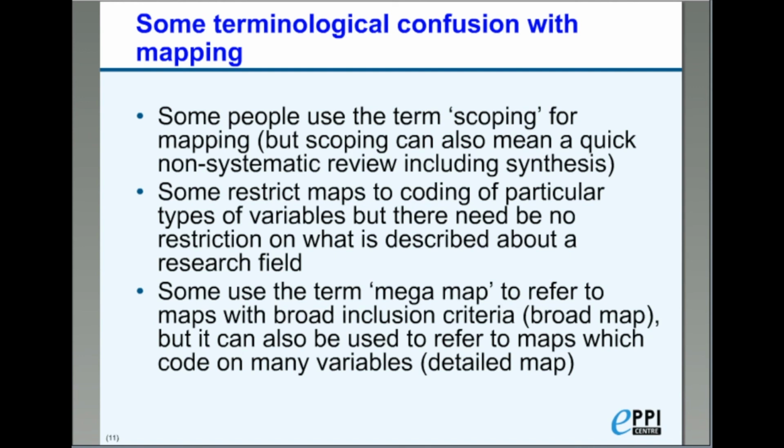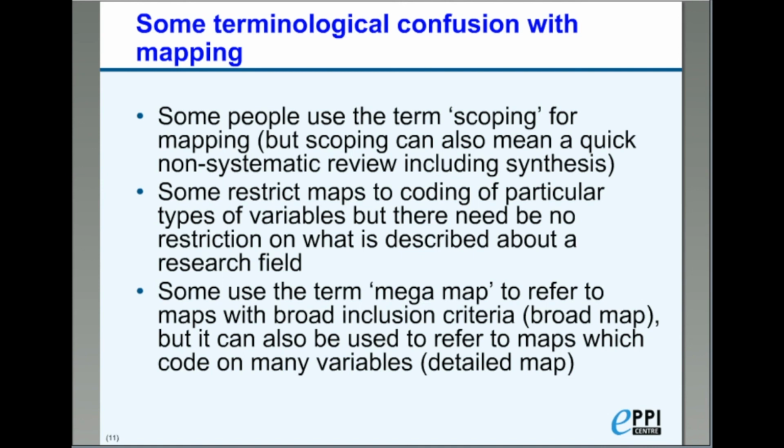But the word scoping is also used with a different meaning. It's also used to refer to a quick view of the literature. So it's a non-systematic, quick search, a quick overview of what has been studied.